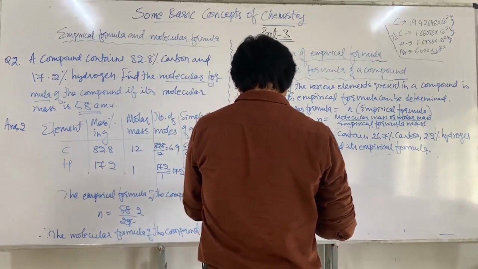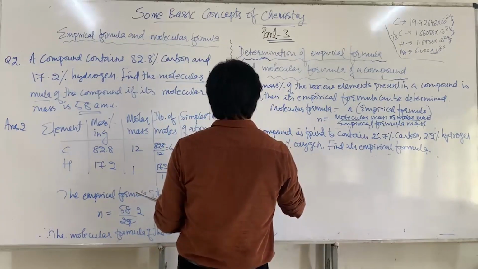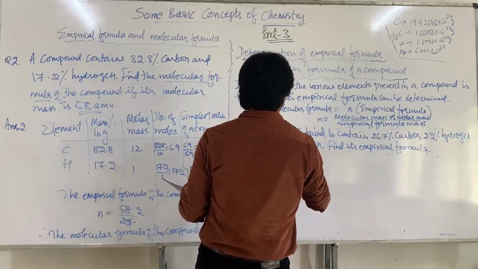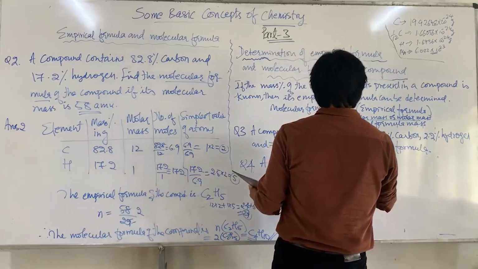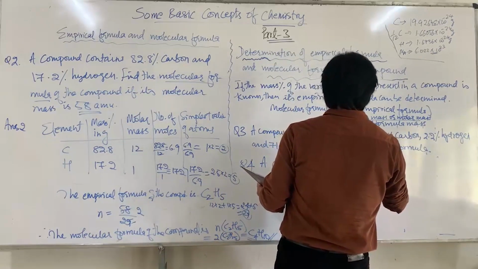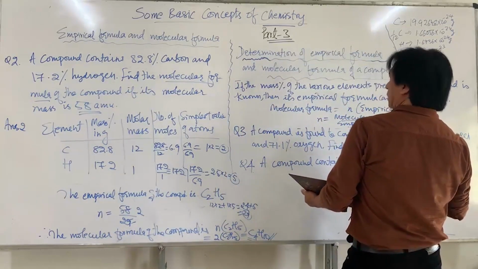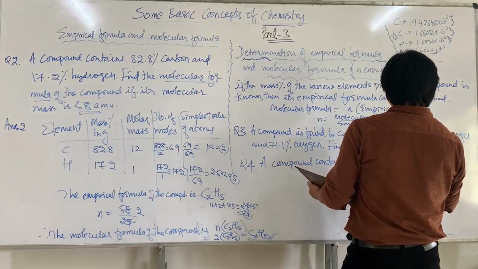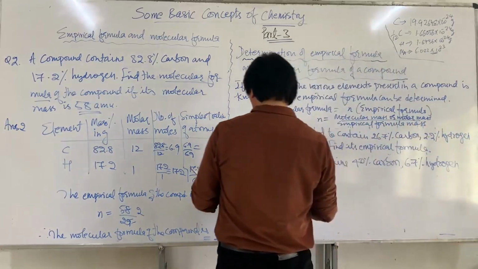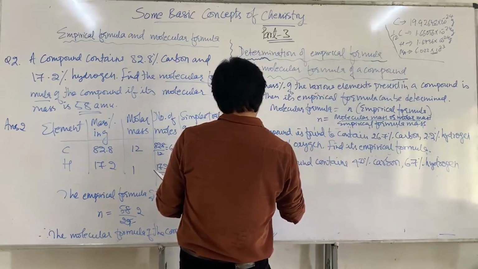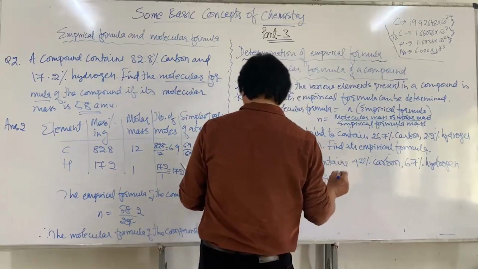Now the fourth one: a compound contains 40% carbon, 6.7% hydrogen, and 53.3% oxygen.